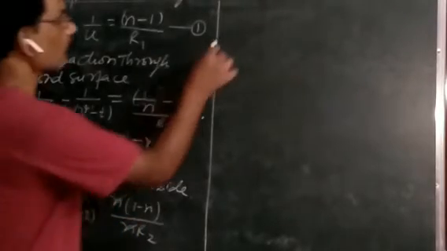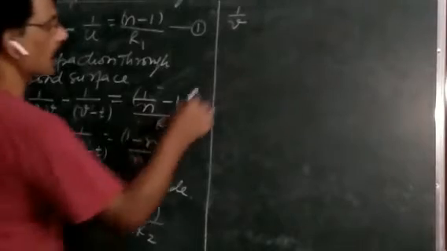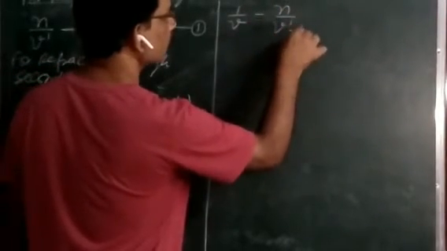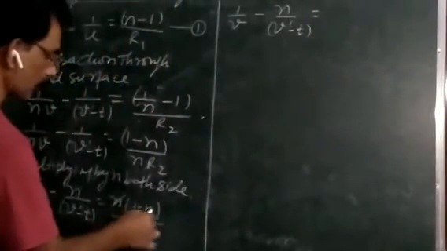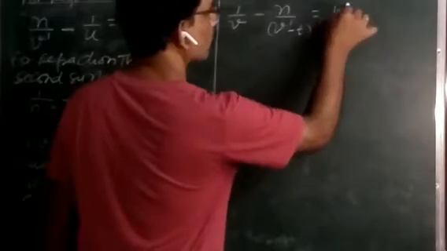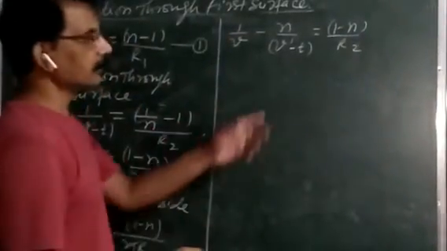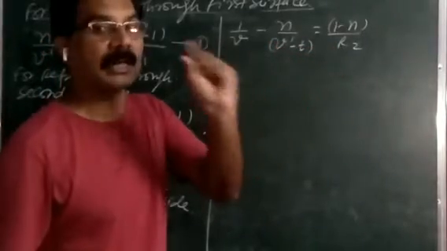Now you will get here 1 upon v minus n upon v dash minus t. This is equal to 1 minus n upon R2. And remember, this whole derivation or whole expression is derived for the thin lens.